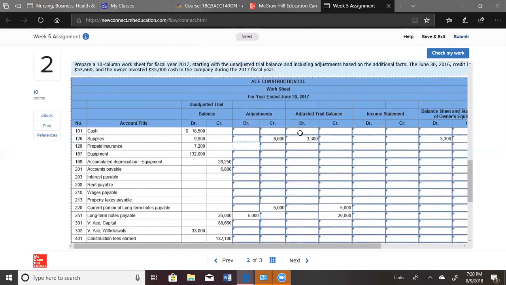Okay, so that's an adjustment too. But that's a debit, and you just told me that it was supposed to be a credit. Yeah. And then insurance would be a debit because it's been paid already. It's a debit because that's what the journal entry says. Prepaid insurance, $3,800.